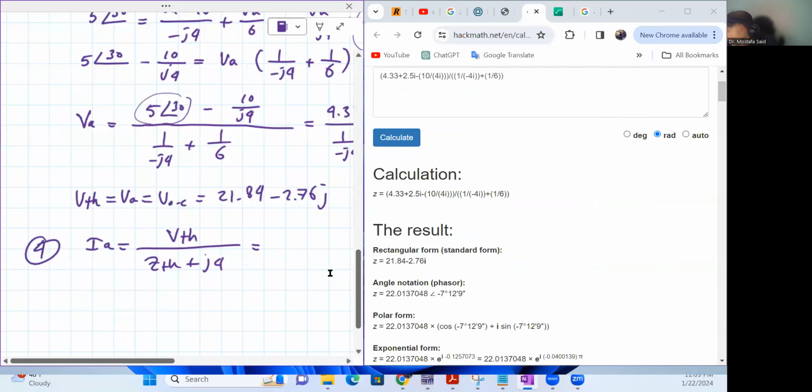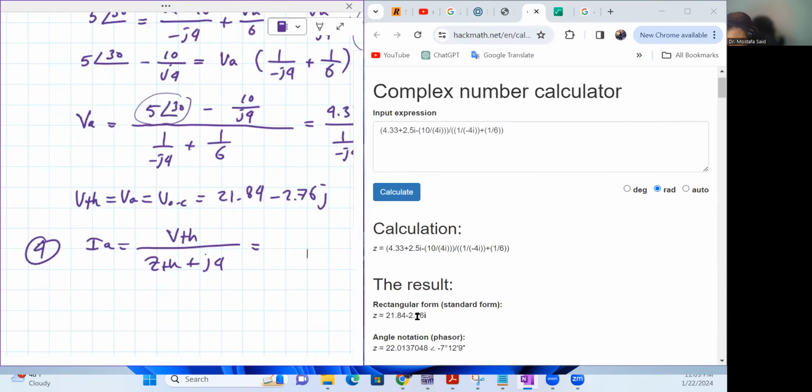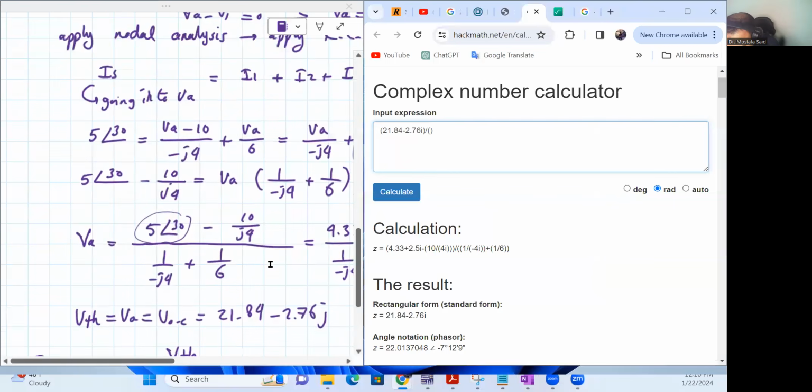That's our great calculator here. Actually, this is basically V Thevenin, so we just copy it, and we open a parenthesis. Always use a parenthesis. Divided by, okay, Z Thevenin, let's write it.